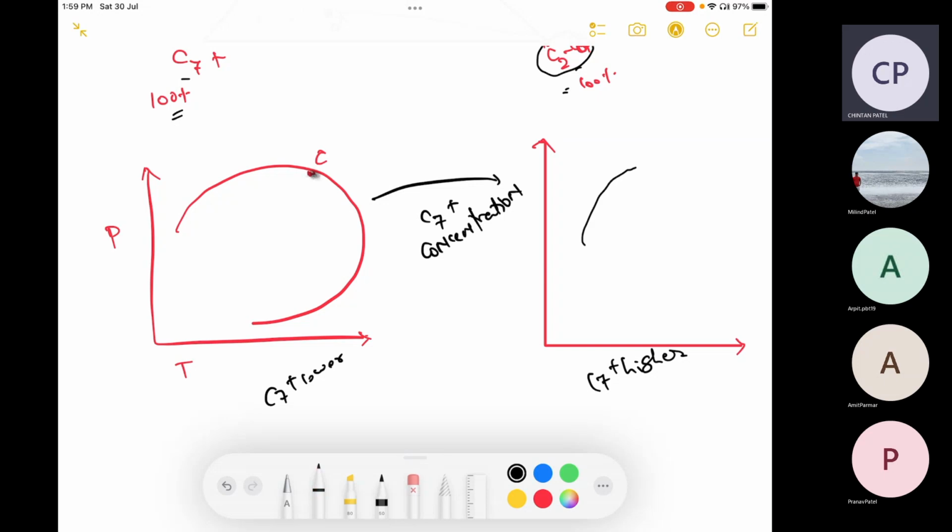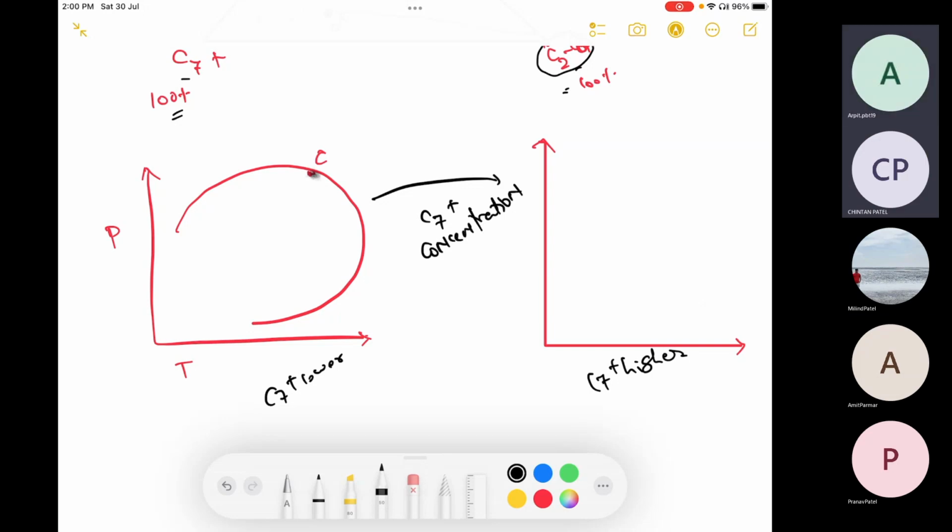While increasing C7 plus, no, it's not true. No sir, it will come on the right side and go downward. Your voice is breaking, can you repeat? The critical point will go to the right side and be a little lower.